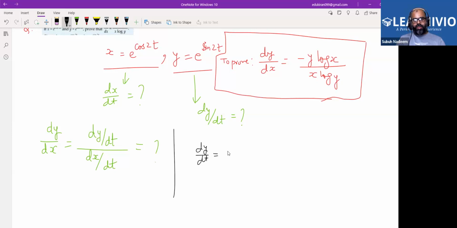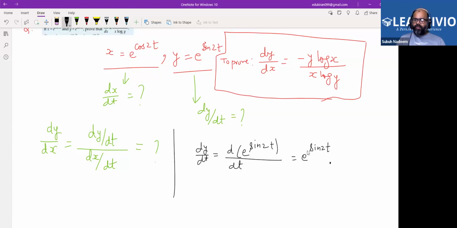Yeah. That y you will take e to the power sine 2t and you differentiate it with respect to t. So here chain rule will take place. What is chain rule? We have done in the last class that e to the power sine 2t, the differentiation is e to the power sine 2t because it is an exponential function. So e to the power x differentiated gives e to the power x, whatever x is, here it is sine 2t.